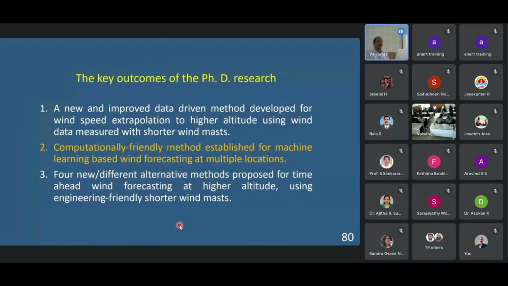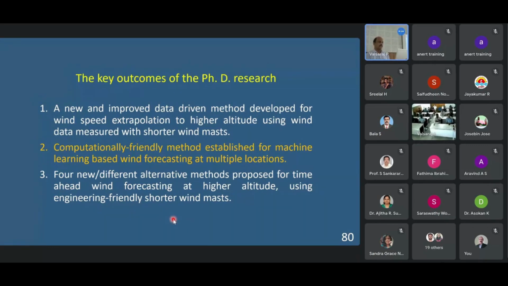Then the key outcomes of my PhD research are these. A new and improved data-driven method has been developed for wind speed extrapolation to higher altitude using wind data measured with shorter wind masts. The second is that a computationally friendly method has been proven in the case of wind speed time series.